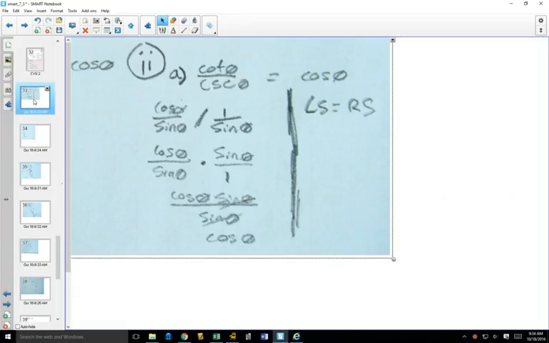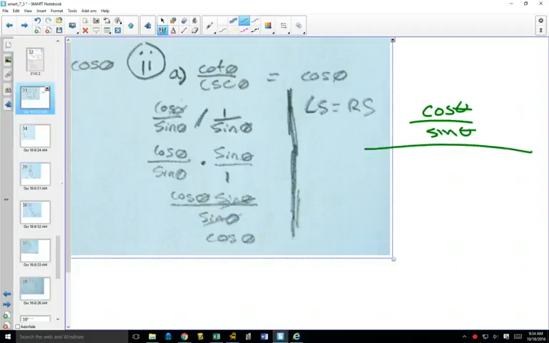A couple of things that I would do in this one. When you do the sideways dividing, you're going to find that maybe later on when things get busier, it's going to be nice to have a big dividing line so you can really remember what is your fraction on the top and what's your fraction on the bottom.